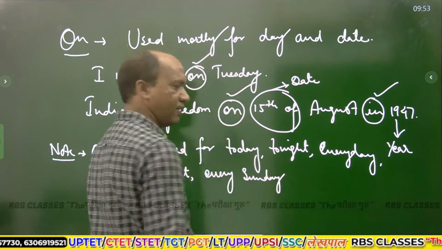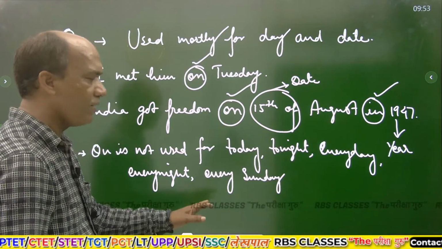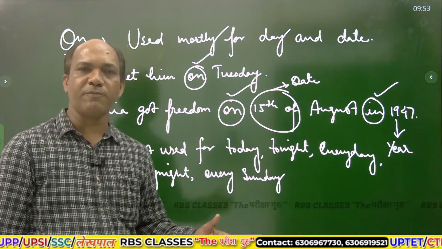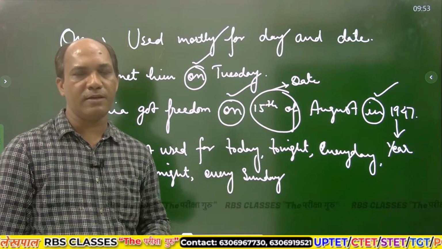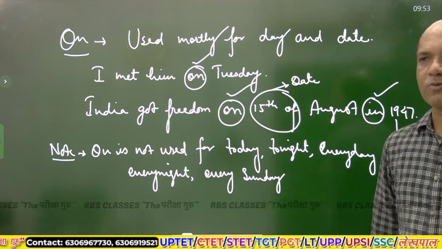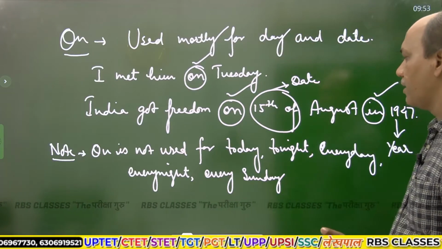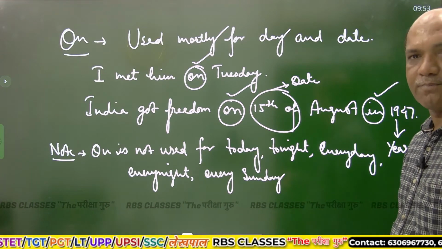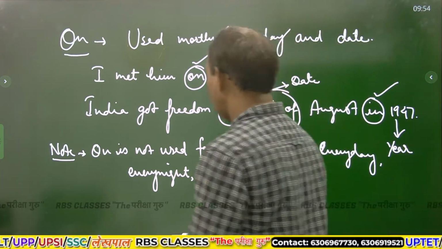Every Sunday doesn't mean only Sunday. Every Sunday means every if it comes before the name of any day. किसी भी डे से पहले अगर every आता है तो आपको इसको यूज नहीं करना है. Every day, every night, every Sunday, every Monday. ठीक है?